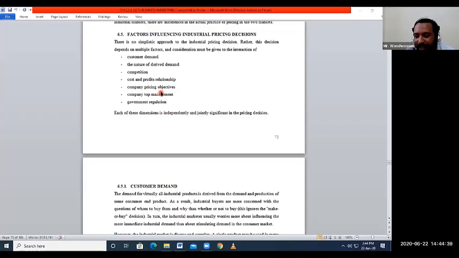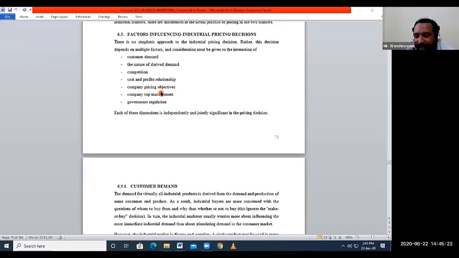So you can use a different pricing strategy depending on your organizational or company pricing objectives. Or sometimes you can consider the top management wish, the top management expectation, the top management will to set a price. So the last approval body of the price, even if the price is set by the marketing manager, the last responsible body to approve the price strategy is the top management.